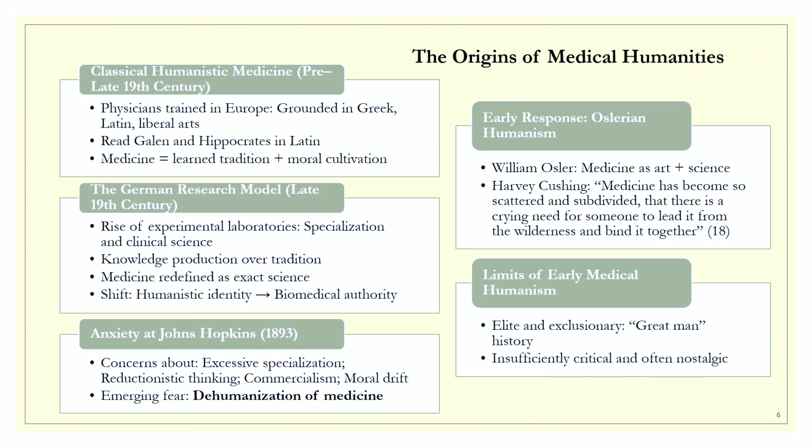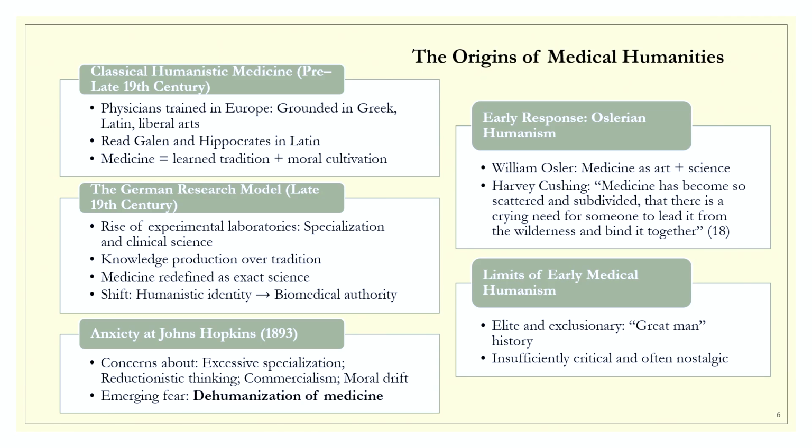When Johns Hopkins Medical School opened in 1893, modeled on Germany, biomedical science rapidly displaced older humanistic frameworks as the model of medical authority. Yet, even at that moment of scientific triumph, there was concern. Concern was about excessive specialization, reductionist thinking, commercialism, and moral drift.